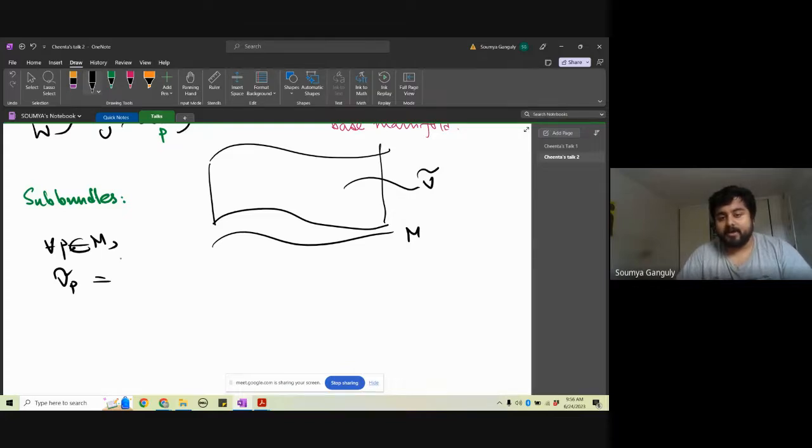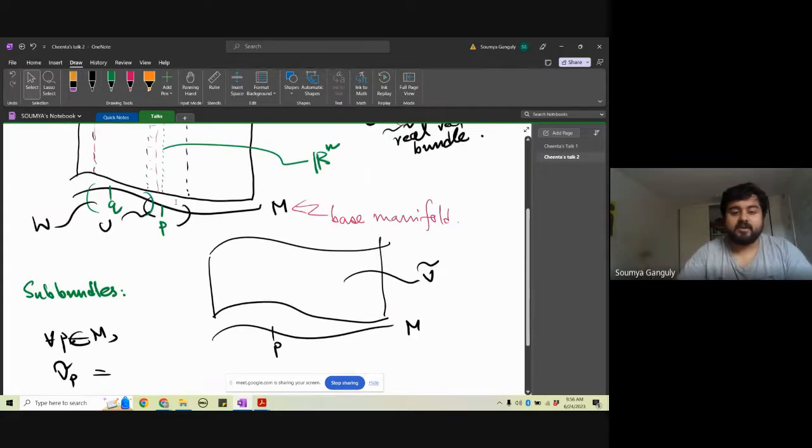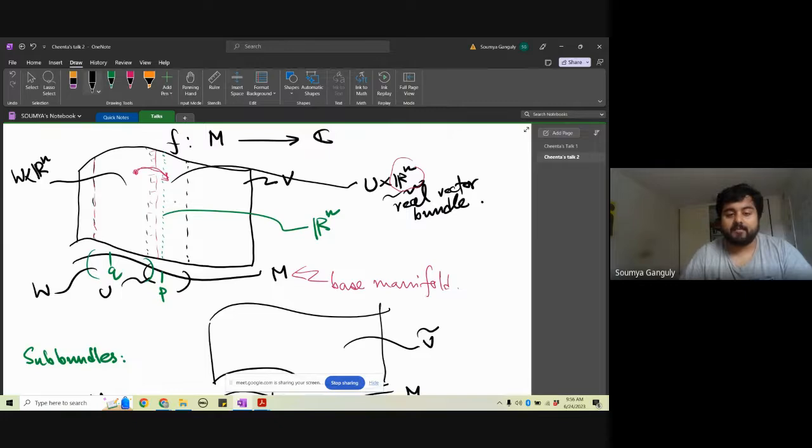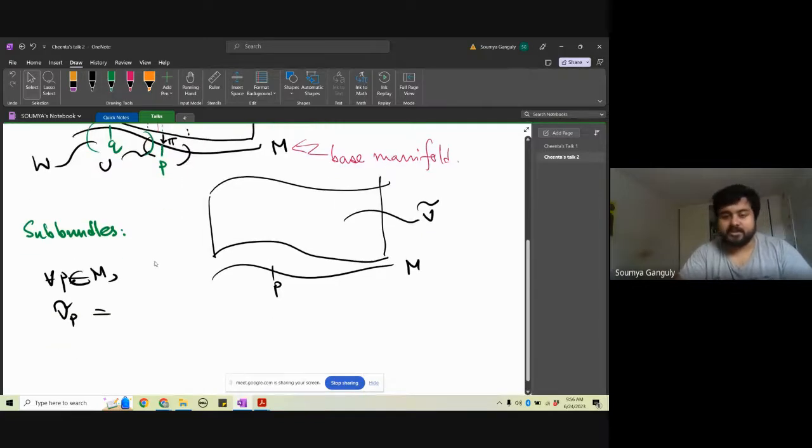Suppose for every point P on the manifold M, let's draw it here, you have a projection map pi from the vector bundle to the manifold, which collapses this entire vector space onto this point P. This is a surjective projection map.